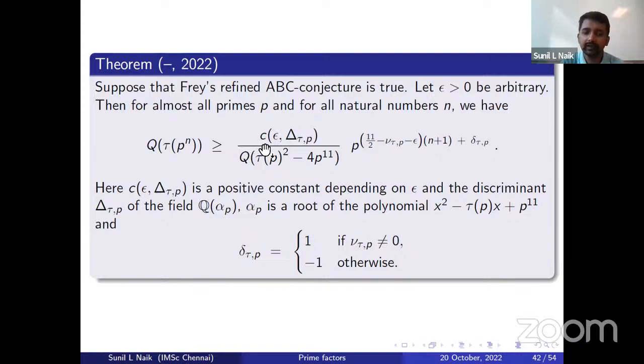Here the constant C depends on ε and the discriminant of the field Q(α_p), where α_p is the root of the polynomial x^2 − τ(p)x + p^11. And δ_τ(p) is 1 or −1 depending on whether p divides τ(p) or not.